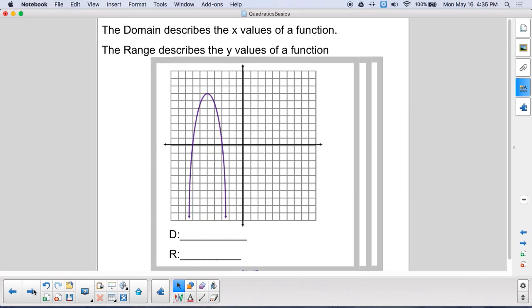Domain describes the x values of a function, and range describes the y values. Your x values are here, your y values are here. Domain and range, x and y values of a function.